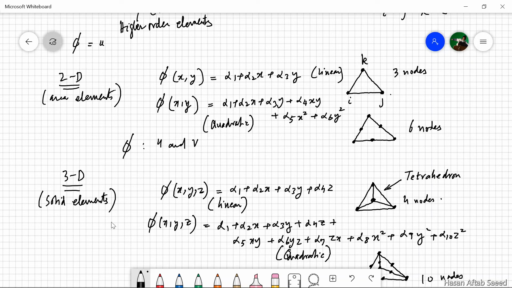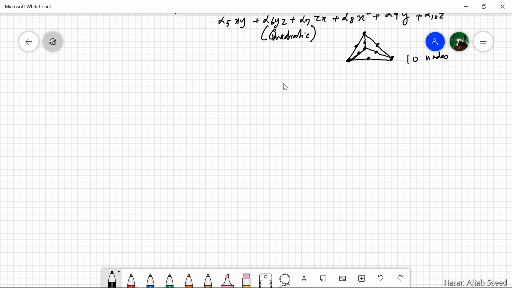Again, to avoid writing everything thrice, we have used the symbol phi, but phi for 3D problems stands for U, V, and W, because all the components of displacement follow the same variation. Now, there's a correlation between the shape of the element, the number of nodes it has, and the displacement function we are using.